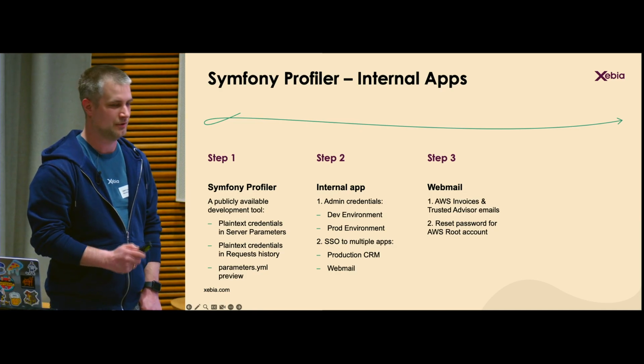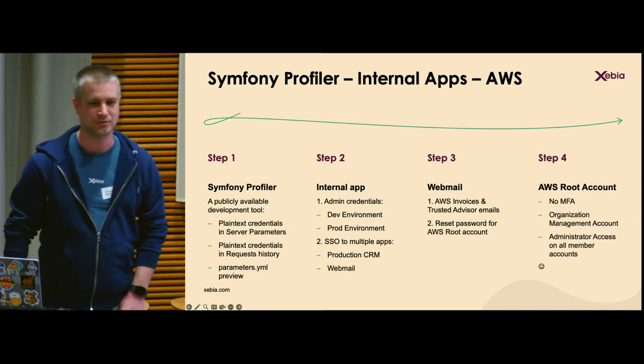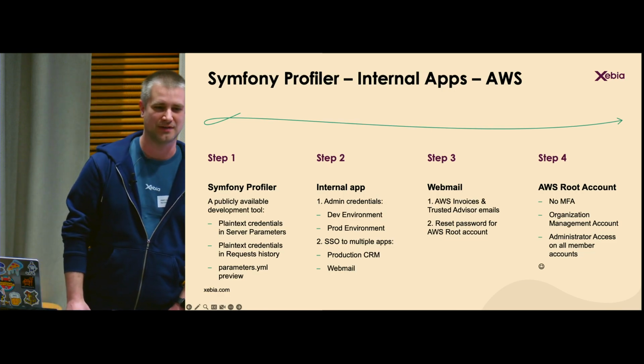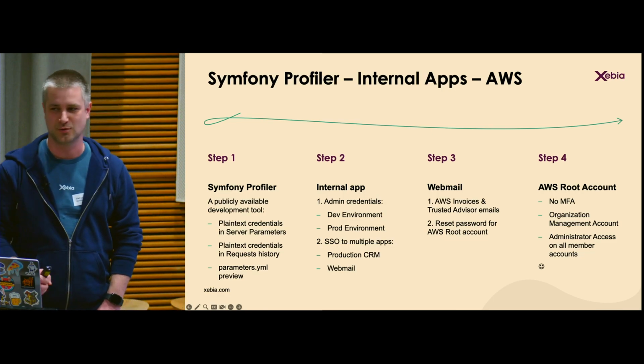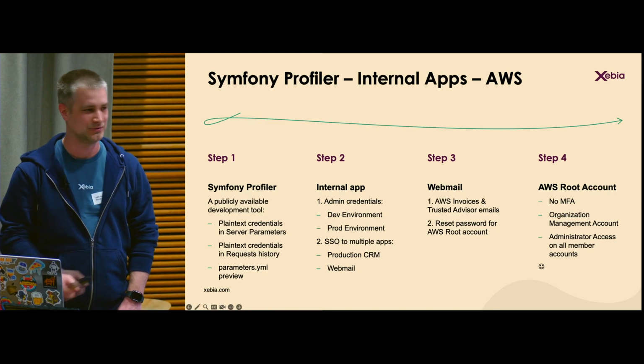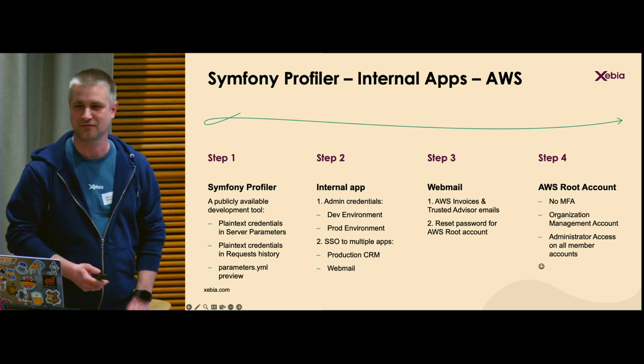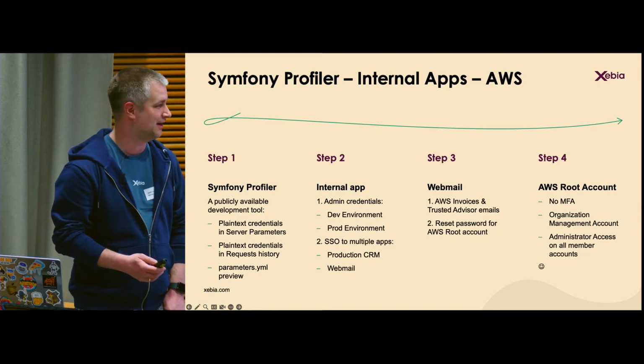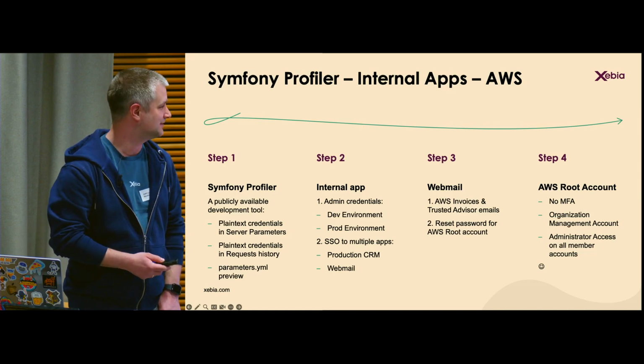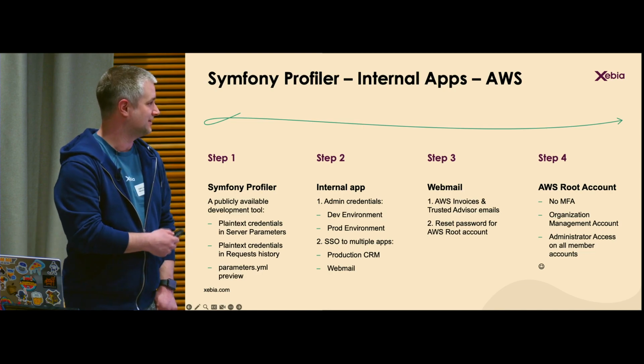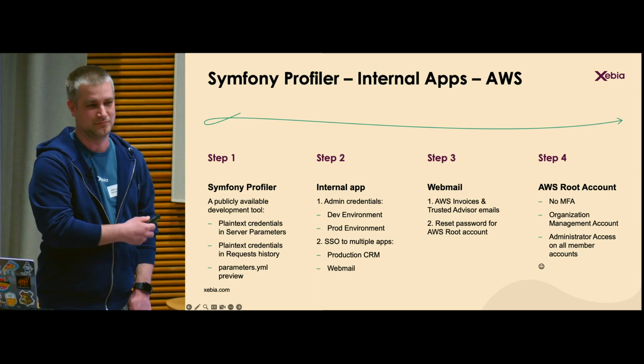But it was a jackpot, not only that account. It was the organization management account. So instead of admin access to one account, I just got access to 40 accounts or something like that. So an easy way, starting from the dev environment of some app.